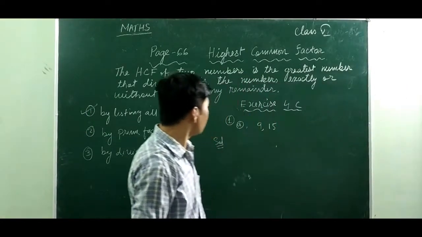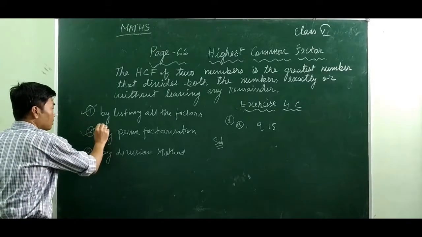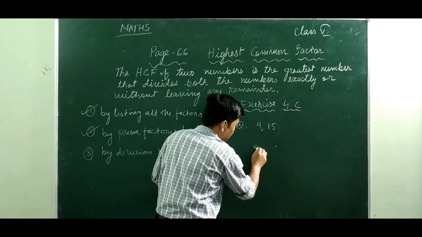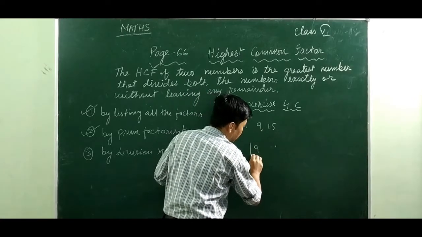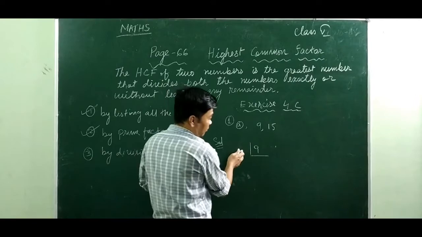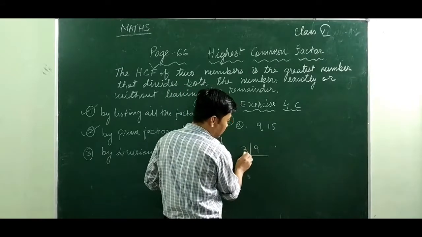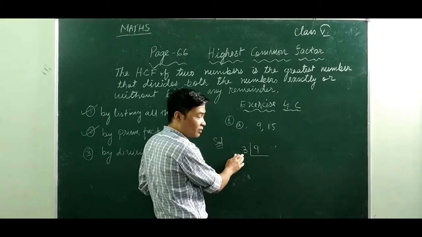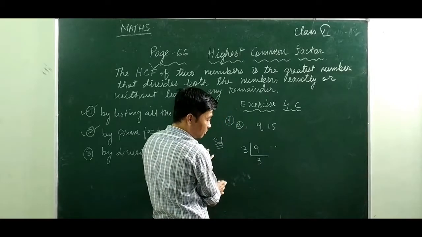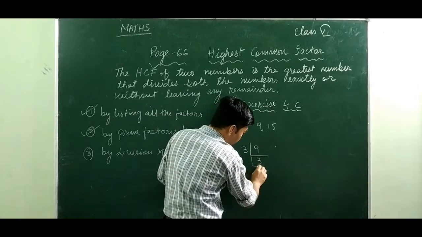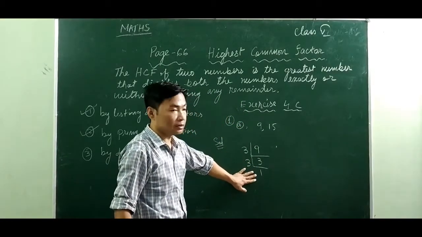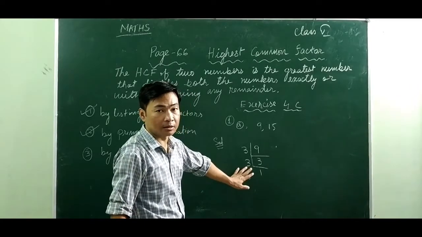We'll take the first number, 9, and use the table of 3. 3 itself is a prime number, so we use a prime number to find the factors of 9. 3 times 3 is 9, and 3 is there in the table of 3 itself. So 3, 3, 1. We cannot divide the number further.